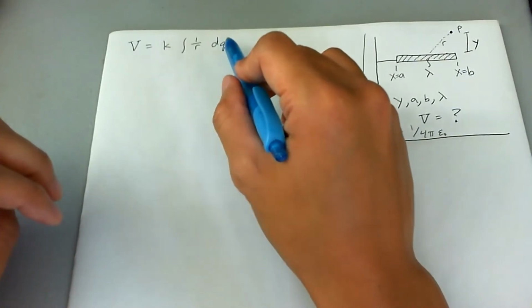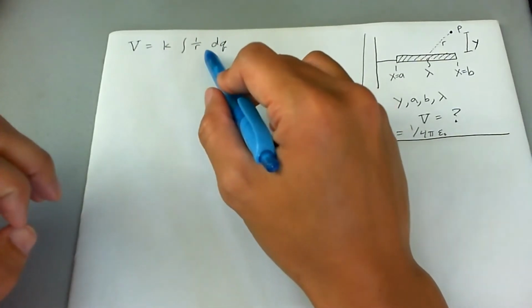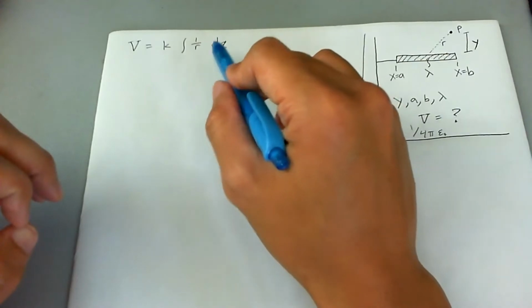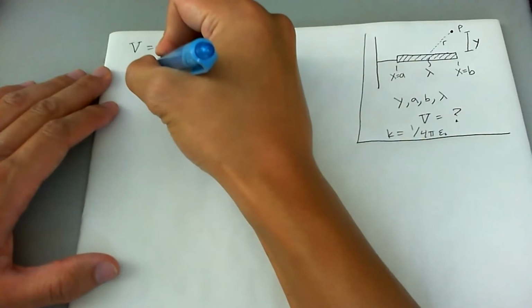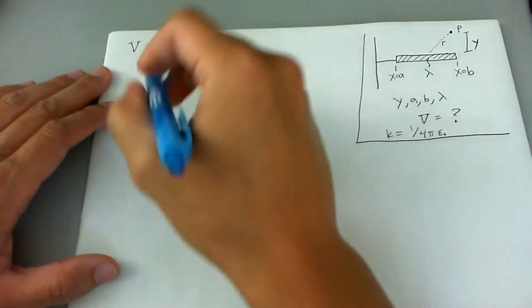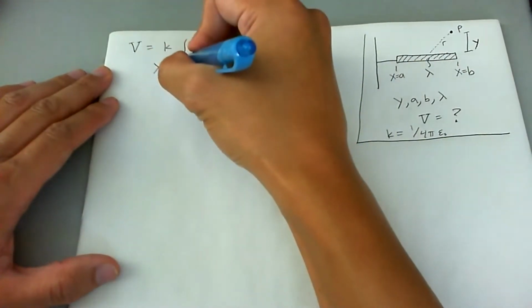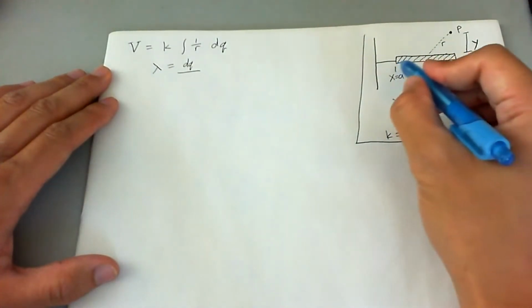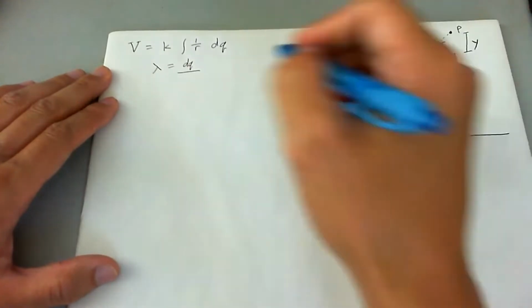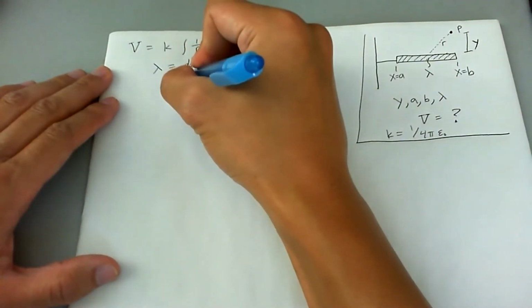What you do is you try to get dq in terms of d space, some sort of spatial element. So what we're going to do is take the fact that charge density lambda is equal to dq over some sort of infinitesimal space here. We'll call that dx.